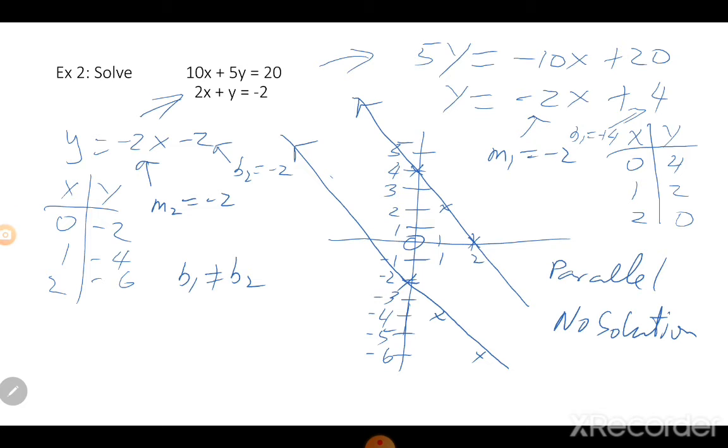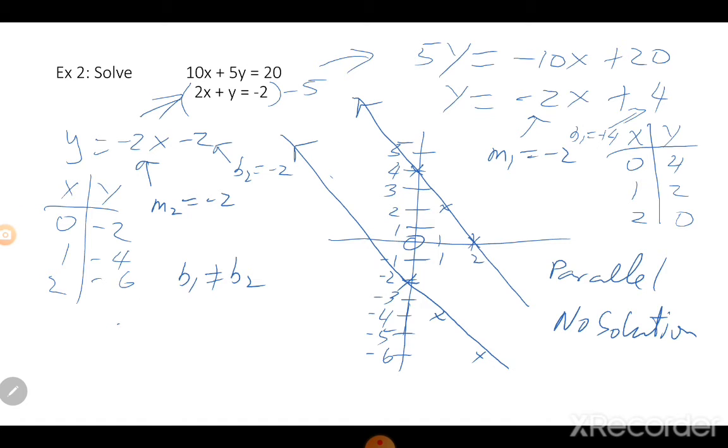Now, what about if we did this algebraically? What would this look like algebraically? So we want the x's or y's to be the same amount but opposite in sign. So let's say if we multiply this one by -5, that whole second equation by -5, what would happen?